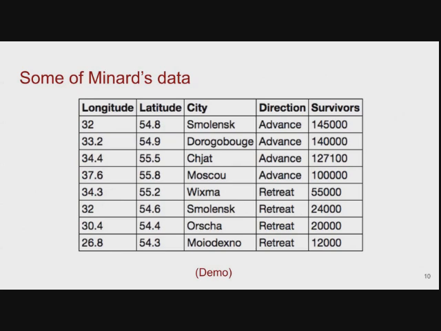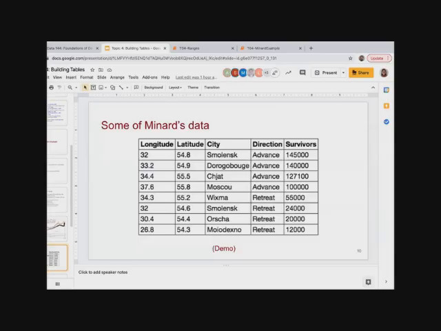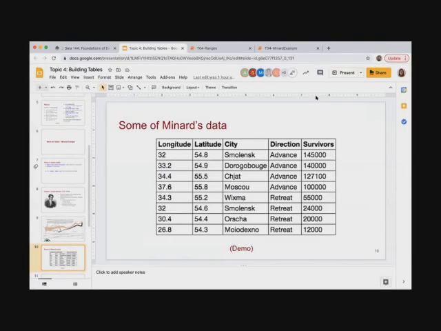As you can see, the survivors start from the beginning, and then it's advancing. The last four rows are about retreating, and the number of soldiers slowly decreases. In the end, it's probably only about 10%.